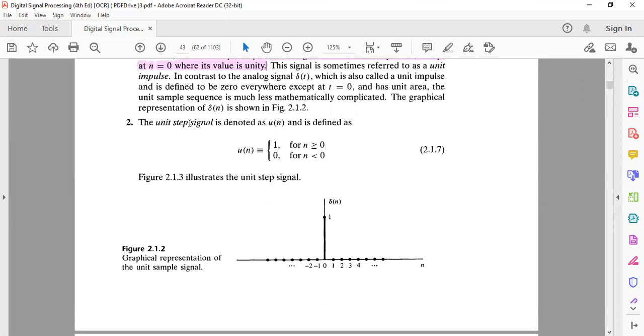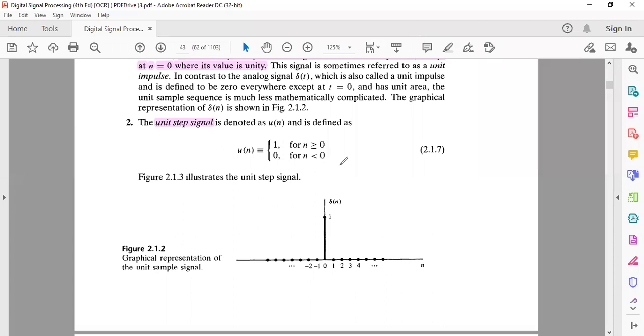Number 2, the other sequence that we have is the unit step sequence, denoted as u(n), which is defined as 1 for all n greater or equal to 0 and 0 for all n less than 0. What does that mean?